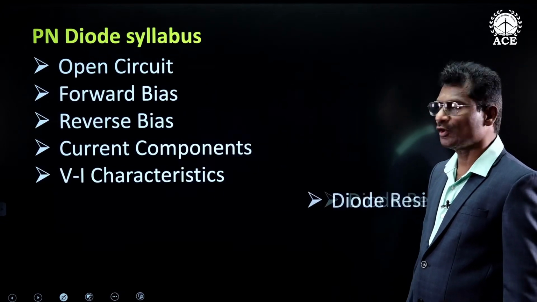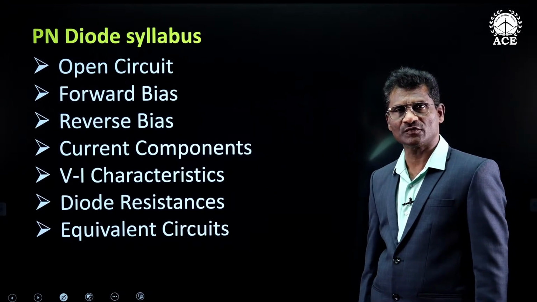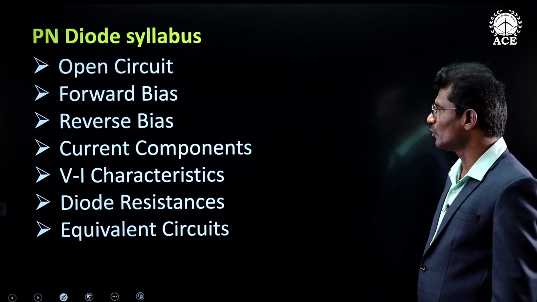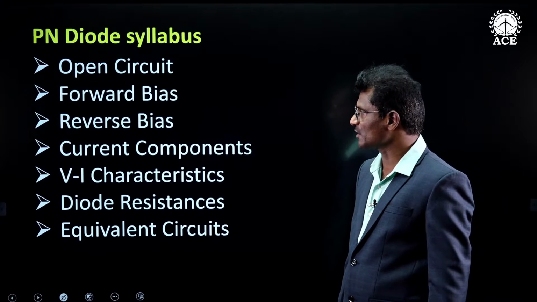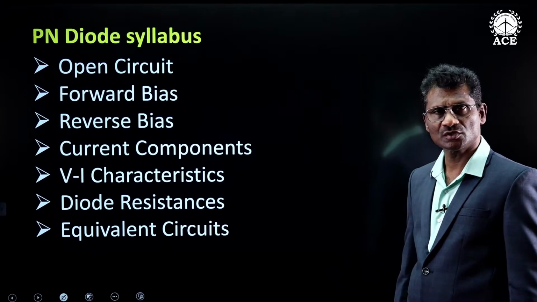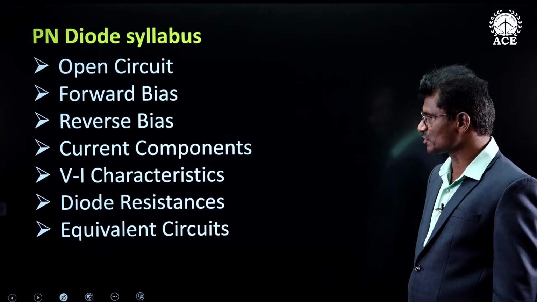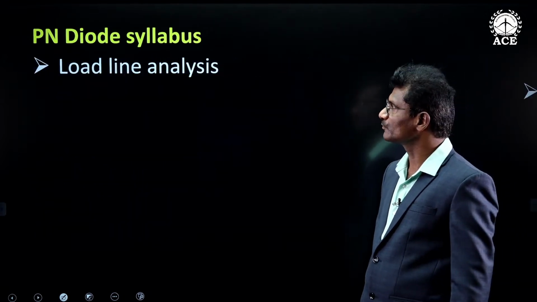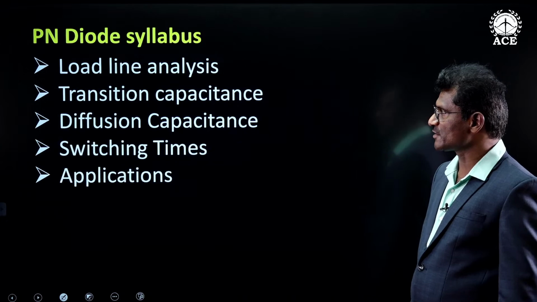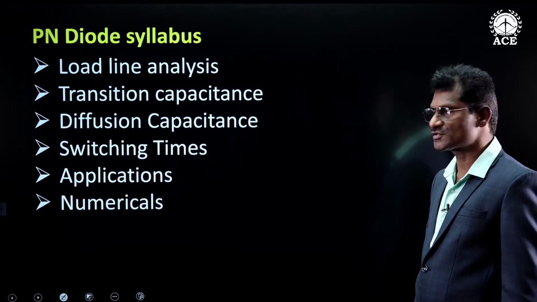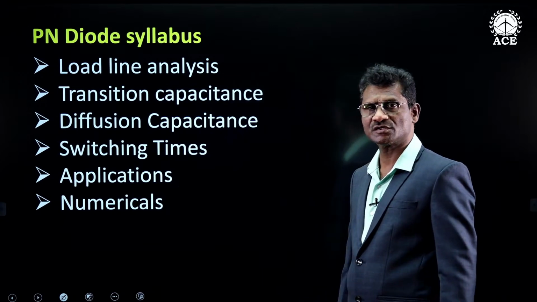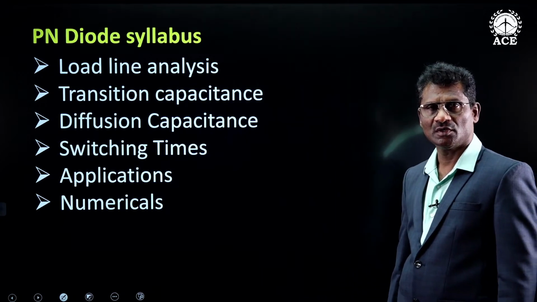Now, we'll look at different topics of this PN diode. Open circuit, forward bias, reverse bias, current components, volt ampere characteristics, diode resistances, equivalent circuits. Load line analysis, transition capacitance, diffusion capacitance, switching times, applications and numericals.